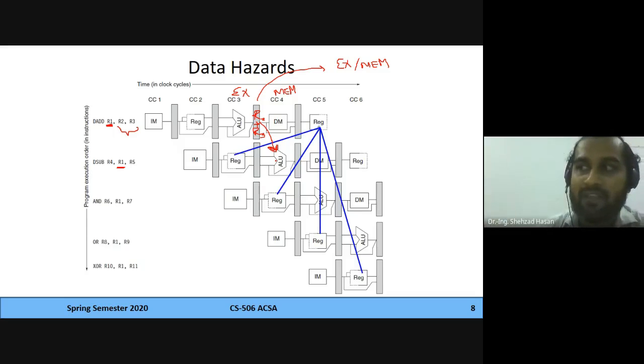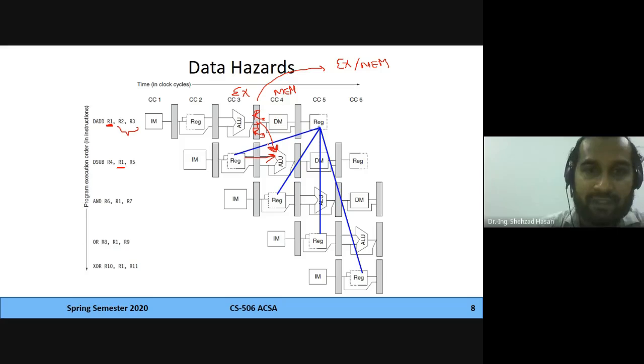Now the only thing we need is some paths like the ones shown over here. And obviously, since the ALU is now getting two different inputs, we need some selection circuitry as well, which is going to select whether the input comes from the register file or from some pipeline register.